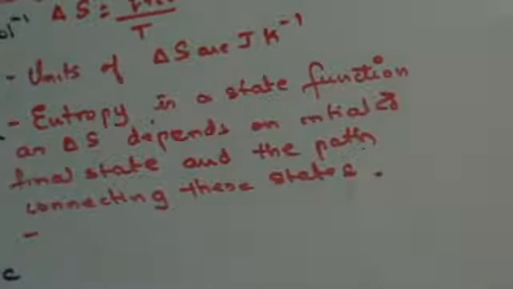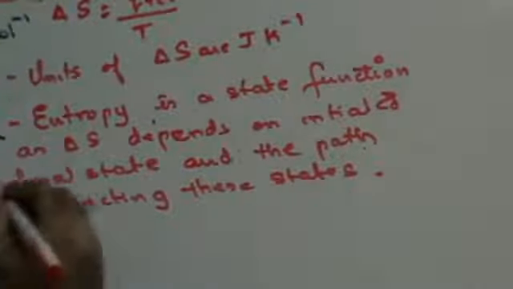So therefore I could say that entropy is directly proportional to the heat energy supplied. The more the heat energy supplied, the more will be the kinetic energy of the molecules, and the more will be their molecular motion. So I can say that entropy is directly proportional to the heat supplied. How?